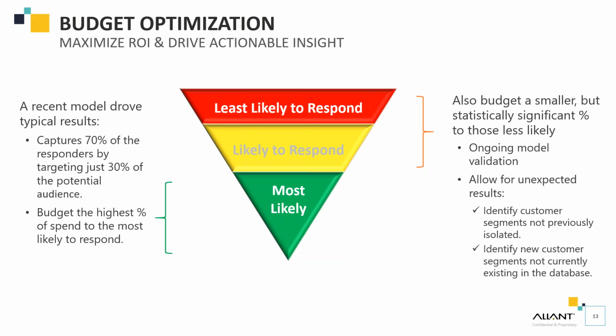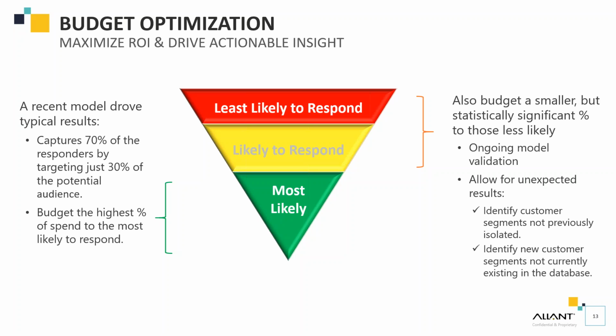As we start to think about activation and optimization, you always want to budget a smaller but statistically significant percentage to those that are less likely to respond. You want to do ongoing model validation. You want to see a steady pattern of diminishing returns across your audiences that are scored from best to worst. Oftentimes, after a period of time, your model might degrade. So if you start to get scattered results, then you know that it's time to refresh that model.